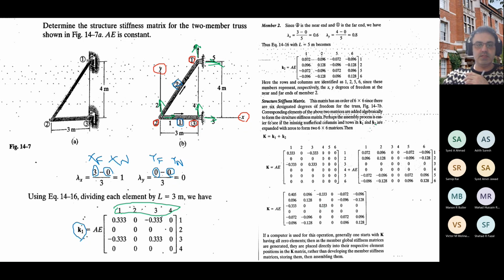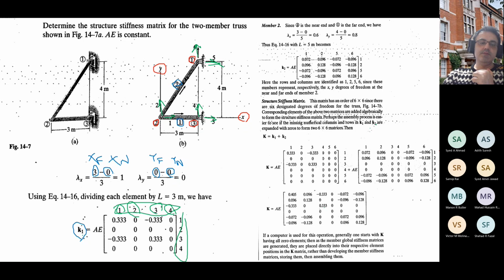See, 1 is here, 2 is here. And the far end, node number 3, has degrees of freedom 3 and 4. So I just copied 1, 2, 3, 4 here as a column as a hint for myself for later on.